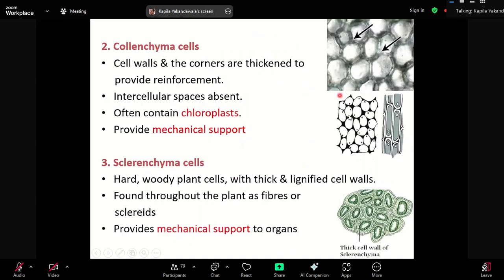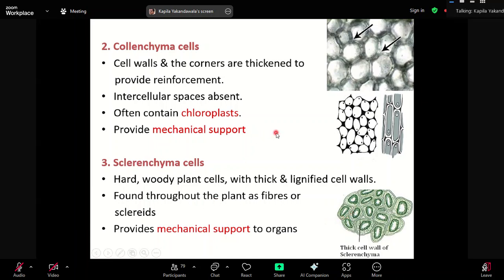Collenchyma cells. If you look at the collenchyma, cell walls are thickened. Here you can see the corners of the cell are thickened. These cells contain chloroplasts, so they can photosynthesize. Apart from that, they can provide mechanical support. Sclerenchyma cells, all the cell walls are thickened, so they will provide mechanical support.